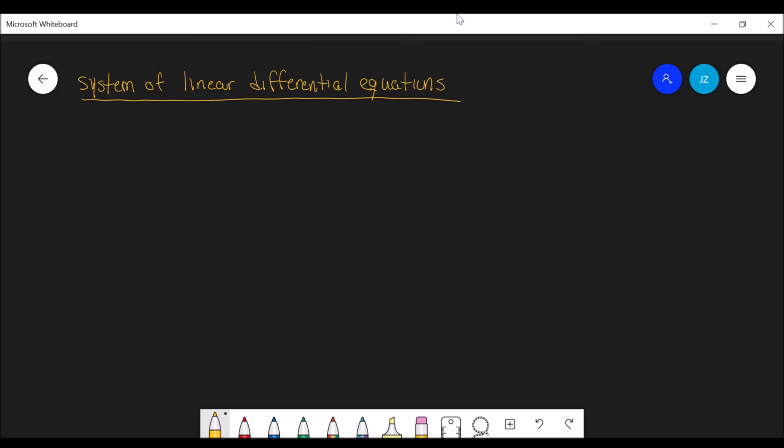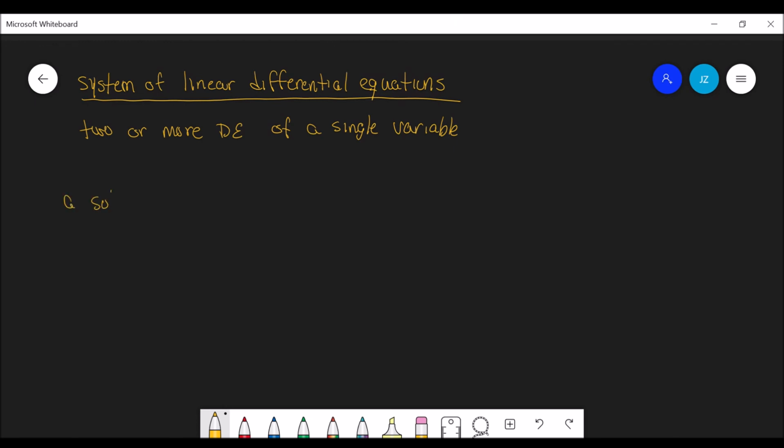This is simply two or more differential equations of a single independent variable.